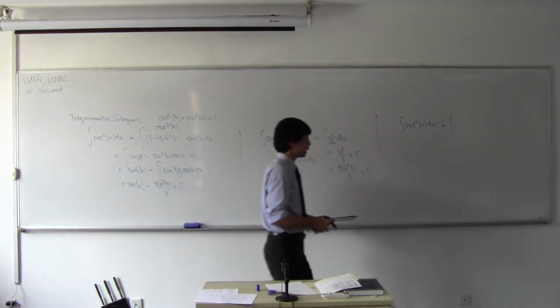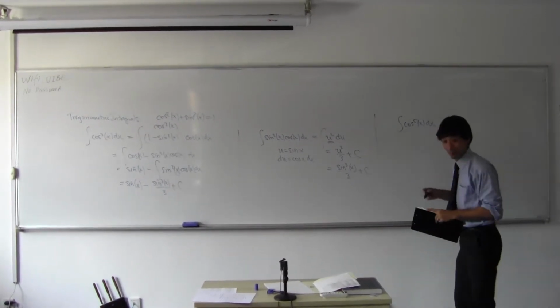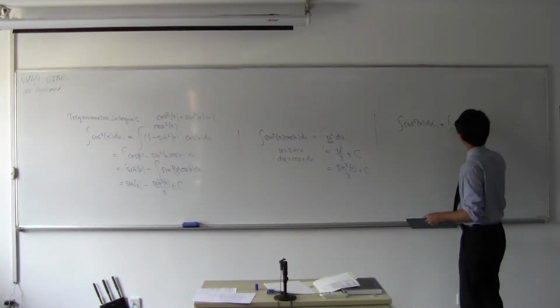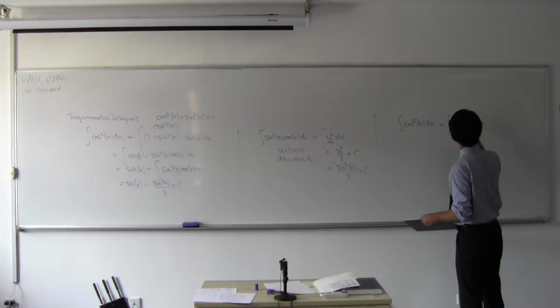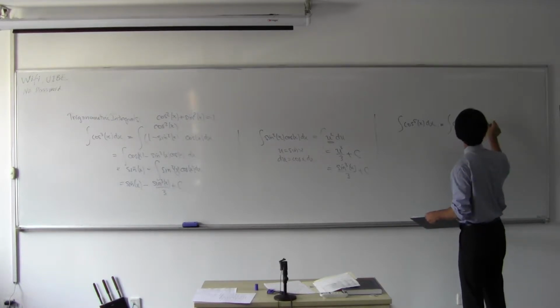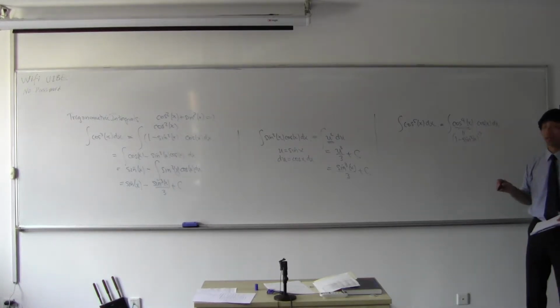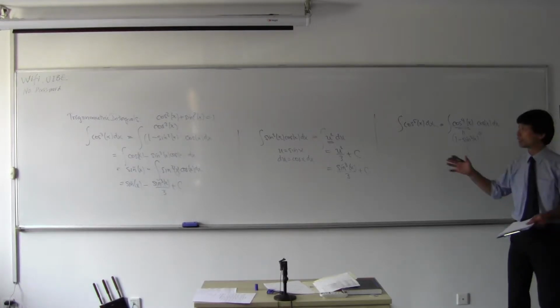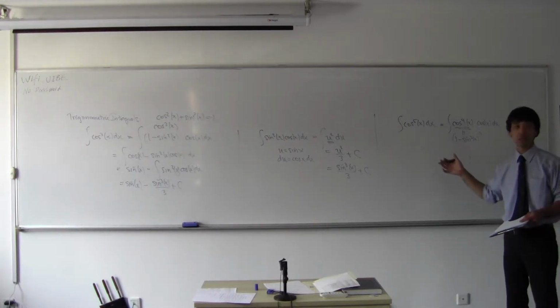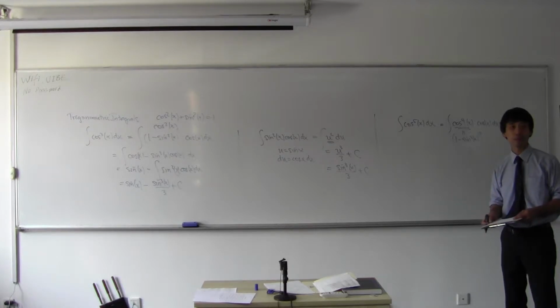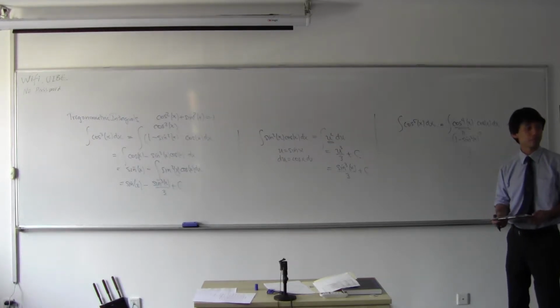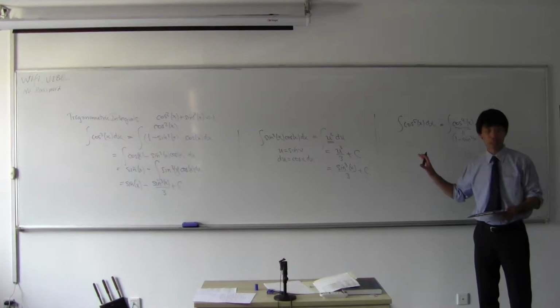You can say, I'm going to break this into cosine to the 4th times cosine dx, and then I'm going to change this into 1 minus sine squared, and then you'd go on from there. You see that this trick can be extended. You can use this trick in other similar situations. Any questions about that?